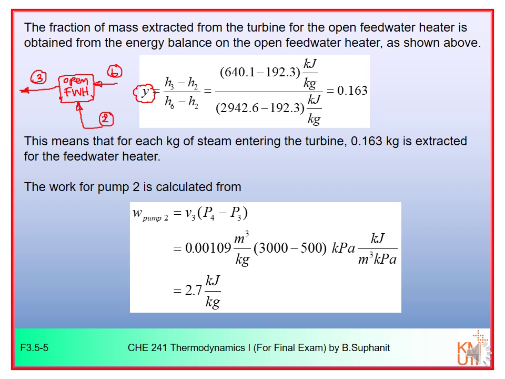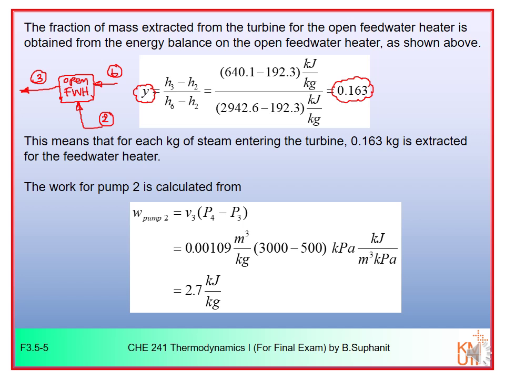H3 here is the saturated liquid at intermediate pressure. H2, you have just calculated from the previous slide. And H6 is already provided by the problem. So the result would be 0.163. So this is a fraction.